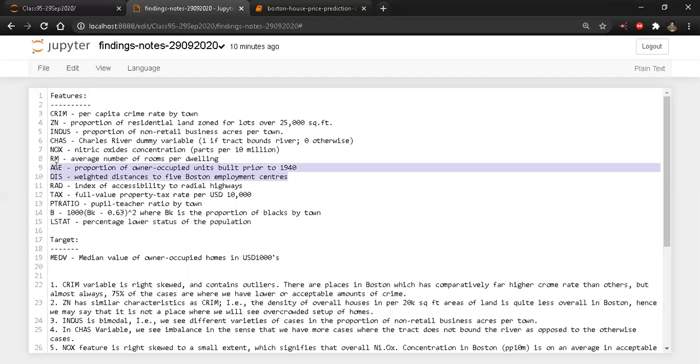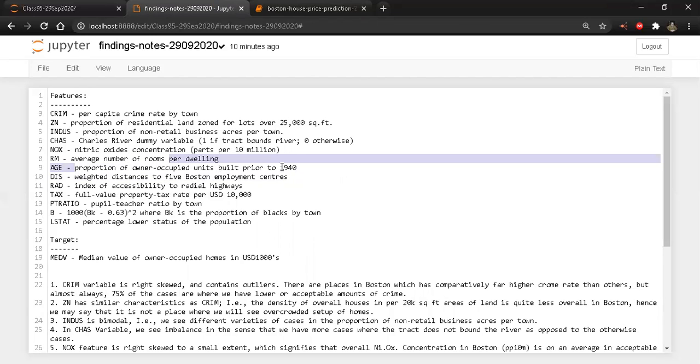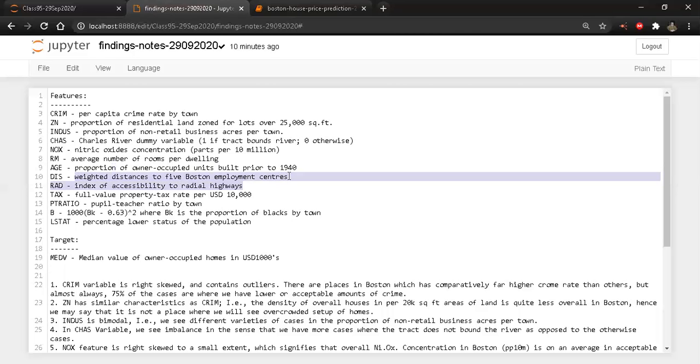So age, or the proportion of owner occupied units built prior to 1940, is inversely affecting the weighted distance to 5 Boston employment centers. So cases where we have higher weighted distances to the employment center, or houses which are far away from Boston employment centers, have a lower age.